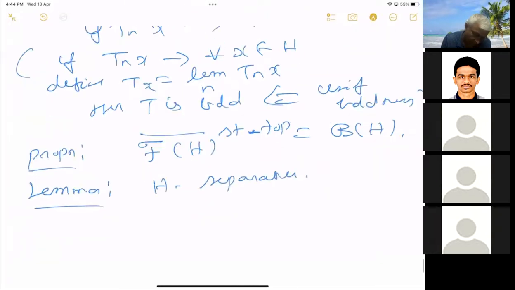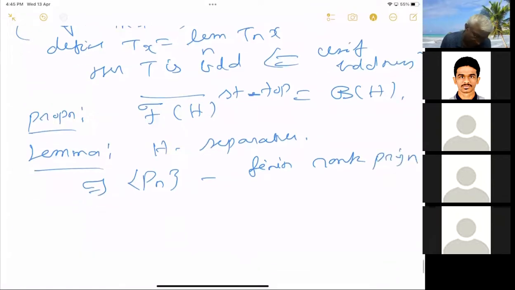Then there exists a sequence of finite rank projections Pn such that Pn converges strongly to the identity. This is just easy.